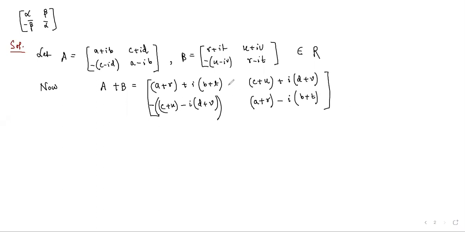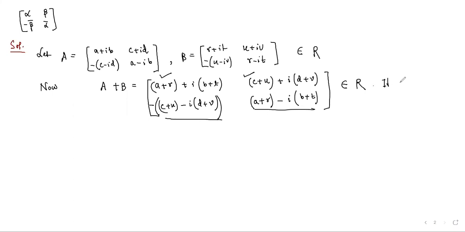Obviously you see that this element is the complex conjugate of that element, and this element is the complex conjugate of the other element. So this type of element will definitely belong to the set R.